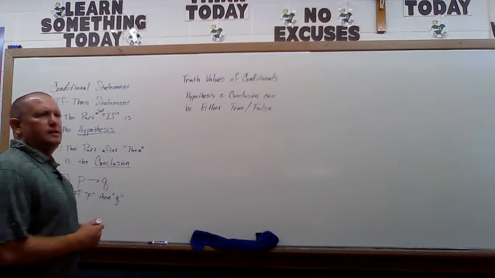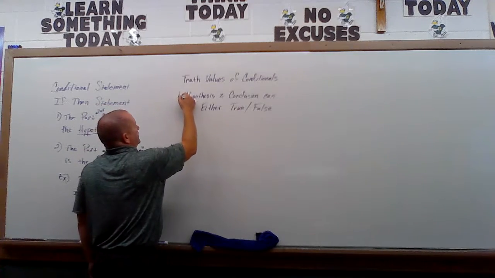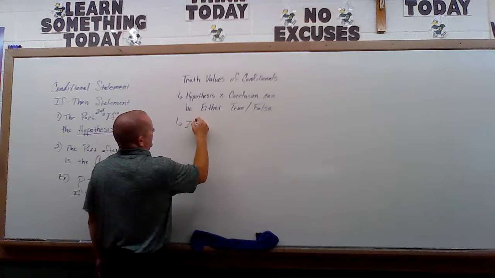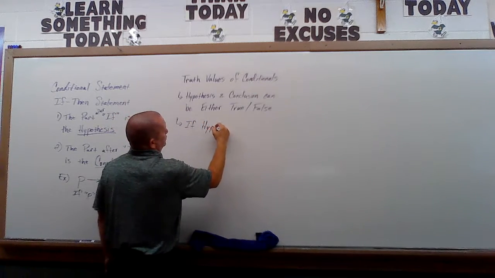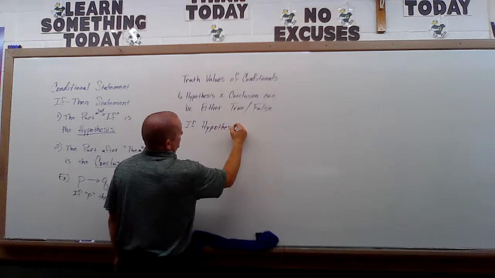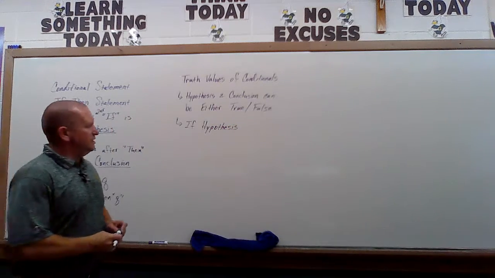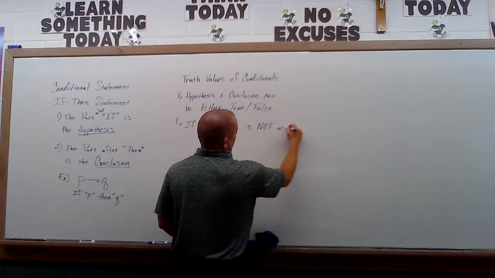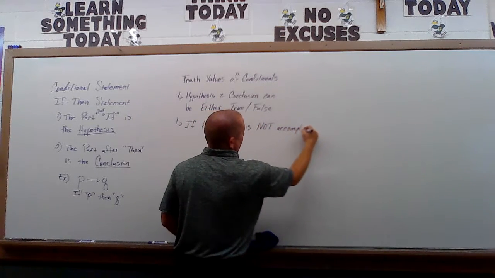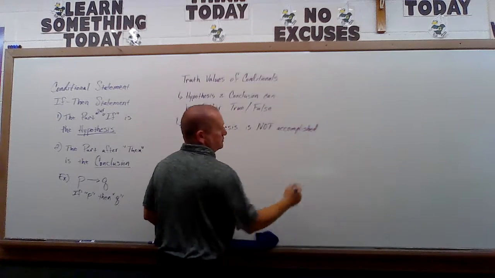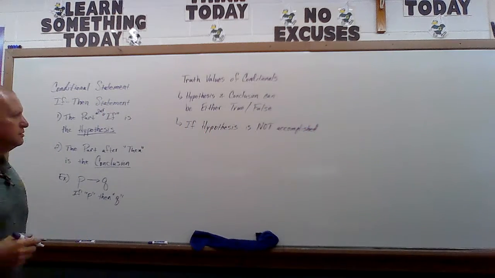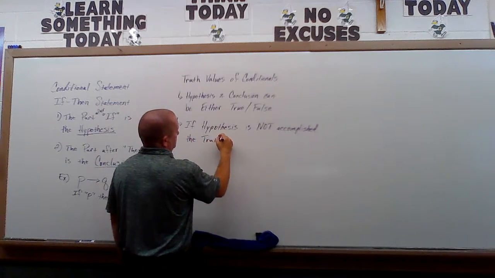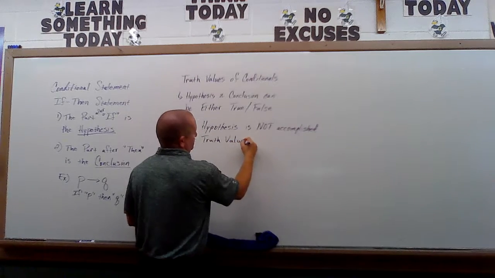From there, the next thing that you have to decide on is if the hypothesis, so again, the first part, the part right after if, is not accomplished, meaning it can't be true, you can't do it, you can't come up with the right answer, then the truth value can't be determined.